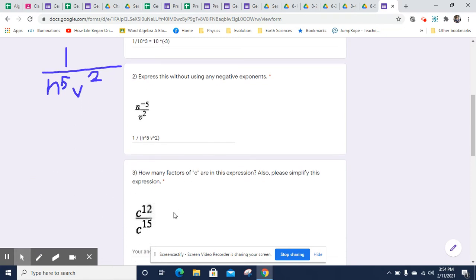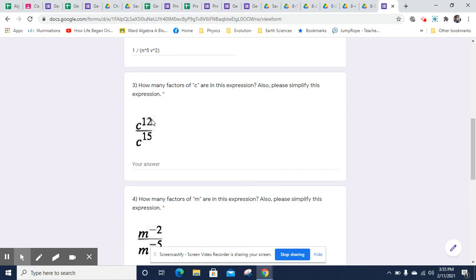So let's take a look at number 3. We have c to the 12th over c to the 15th. If we were to write this as a fraction, we'd have c times c, etc. We'd have 12 of those. So that'd be 12 factors of c, right?